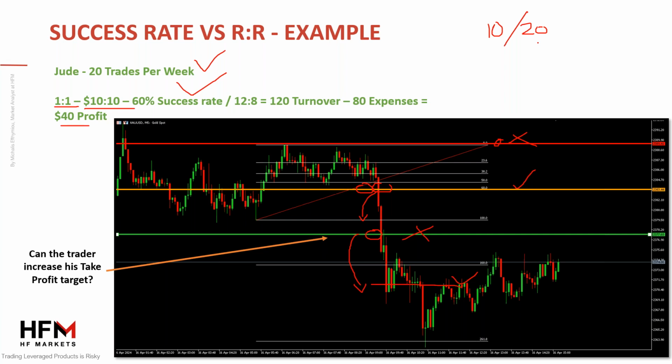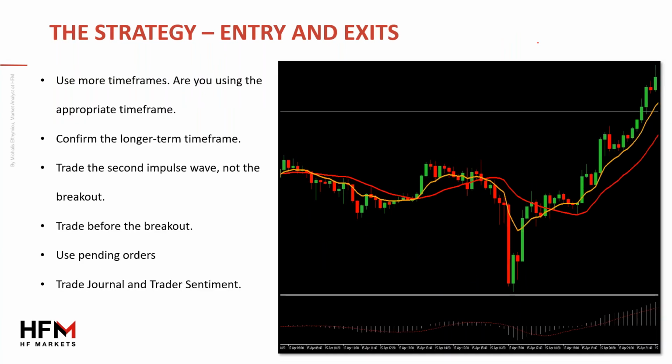Otherwise, he could have. So he knows he can do that to improve his trading plan. So you can see we've looked at, ladies and gentlemen, how he can do so to improve profit, potentially also improve his success rate, and potentially also improve the management of his trade and his accounts as well.